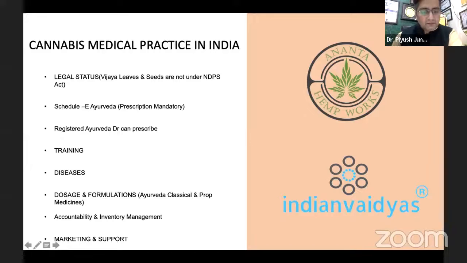Second is Schedule E. Specifically in 2016, the Ministry of Ayush released the list in which this is a prescription mandatory medicine. Anyone who is taking the medicine as a patient is supposed to get it prescribed from an Ayurveda doctor or any other doctor, for that matter.